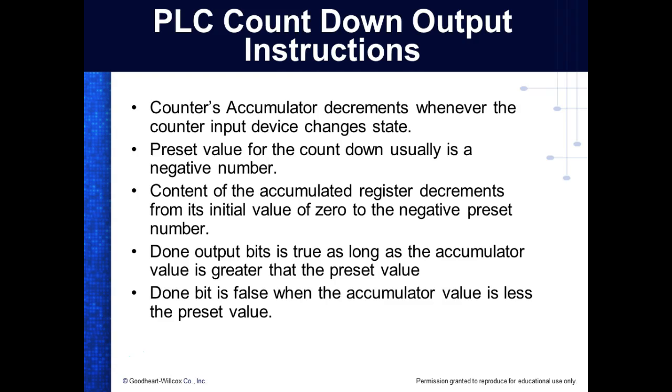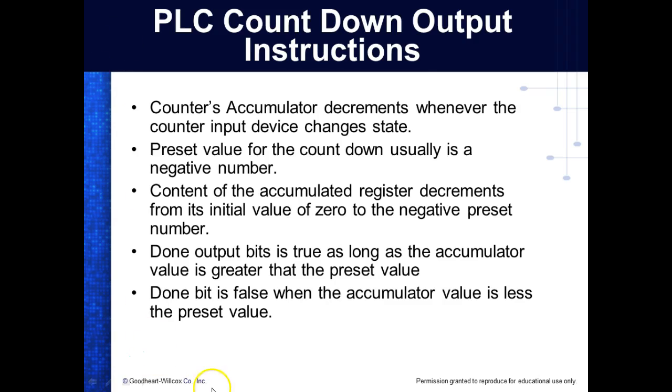The preset value for the countdown usually is a negative number. The contents of the accumulator register decrement from its initial value of 0 to the negative preset number. The done bit is true as long as the accumulator value is greater than the preset value. Done is false when the accumulator value is less than the preset value.